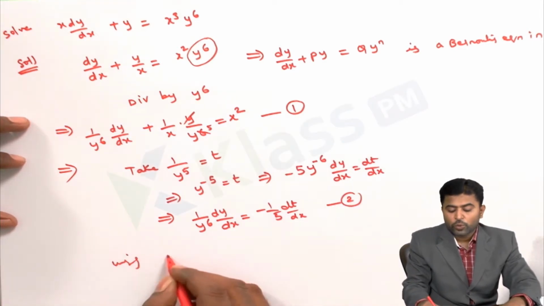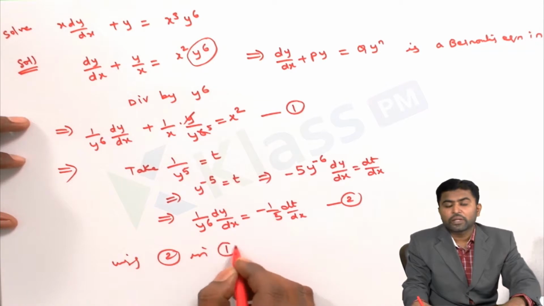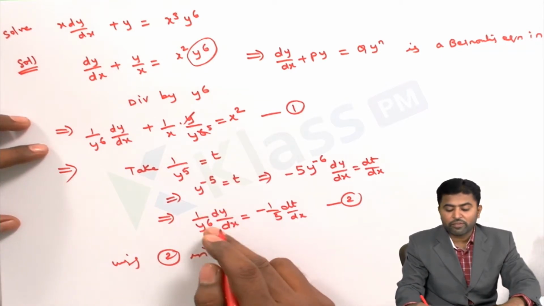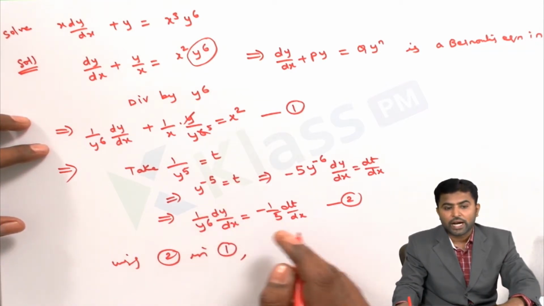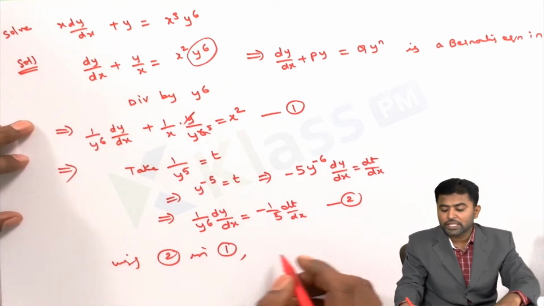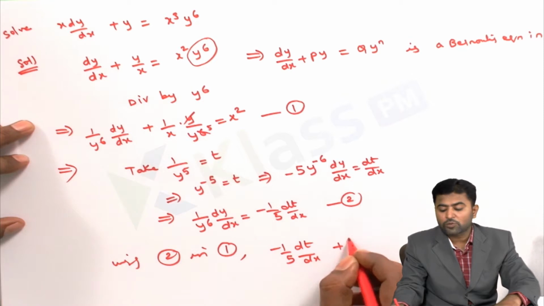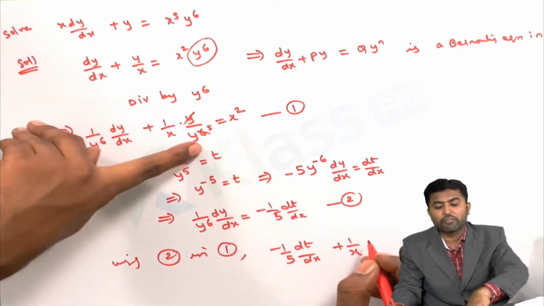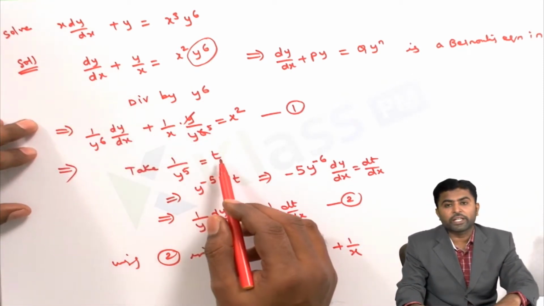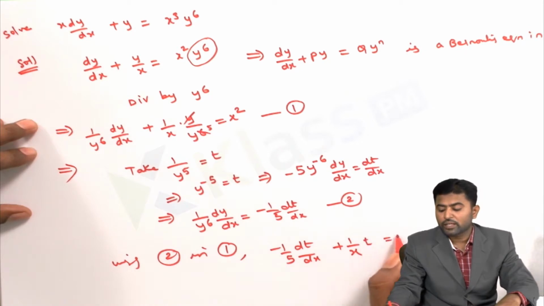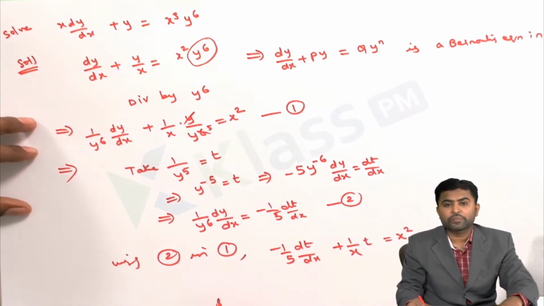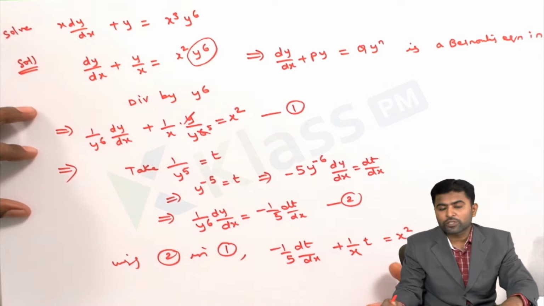Using 2 in equation 1, then we get 1 by y power 6 dy by dx, I can replace it with minus 1 by 5 dt by dx plus 1 by x and 1 by y power 5, that can be taken as t, that is equal to x square. Now this is closer to the linear differential equation in t.